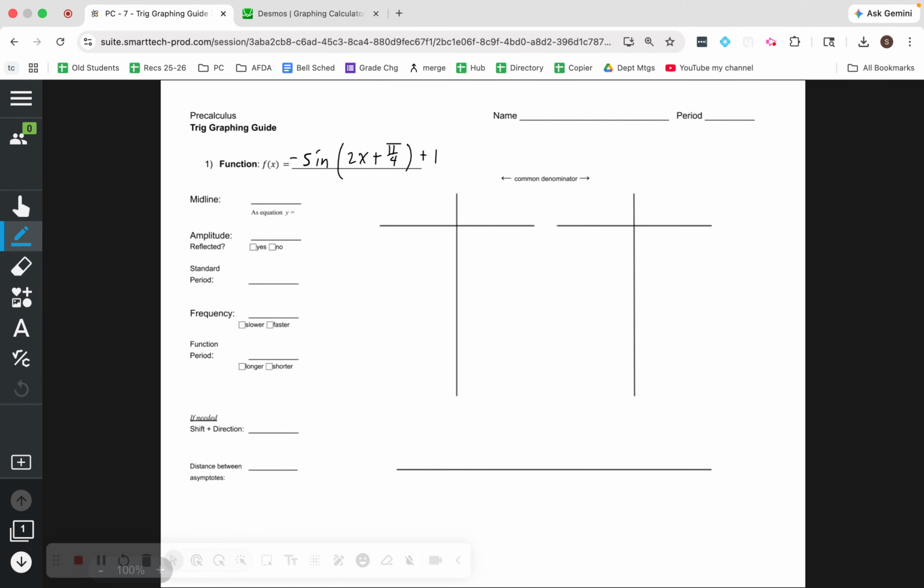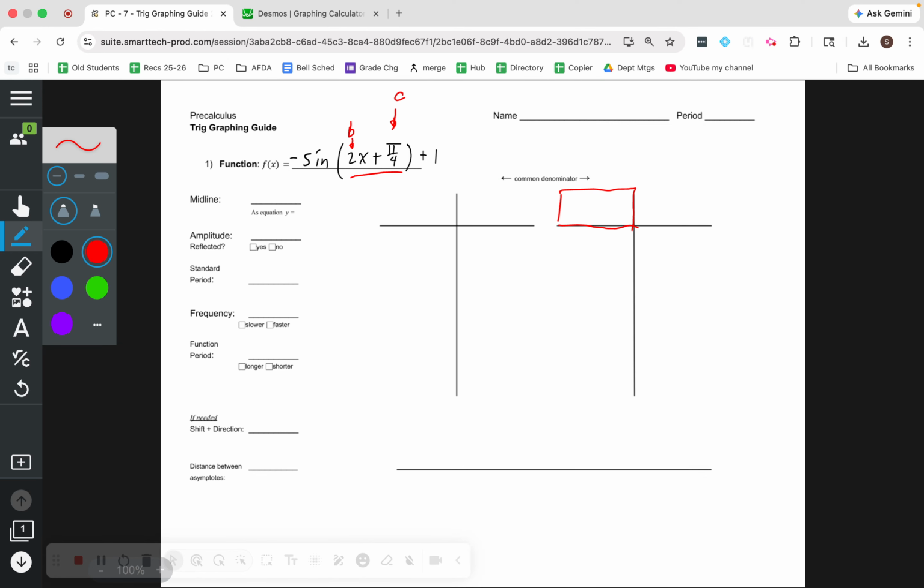Okay, so sine of 2x plus pi over 4. I'm going to call this number b, and I'm going to call this c. The most important thing to do is know what's going to go in this box, and that's the transformation of the inside of the function.